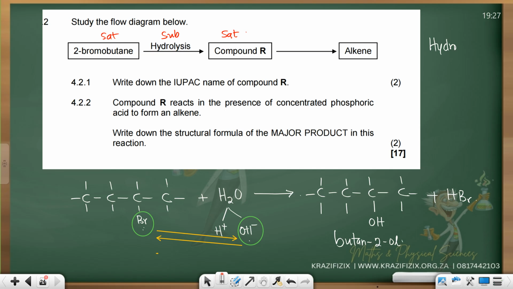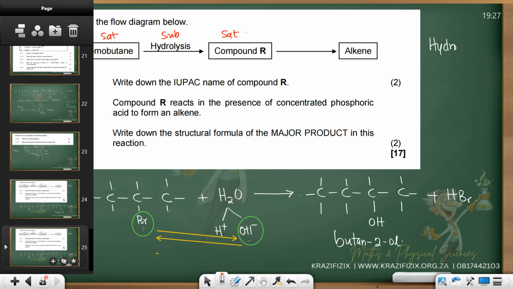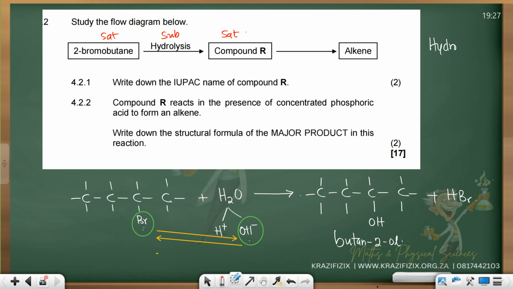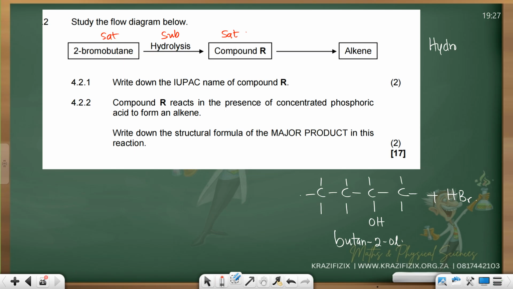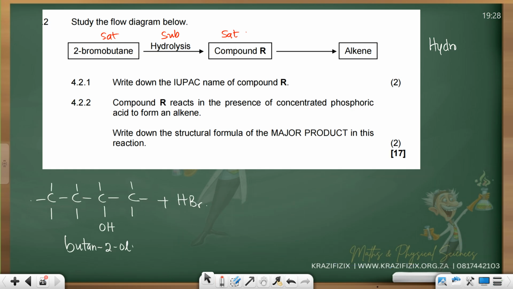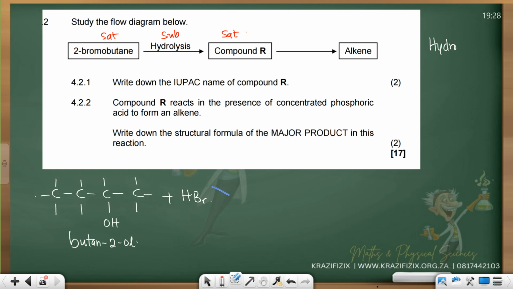All right. Guys, let's look at the last one, alkene. What can you tell me about this alkene? Is it saturated or unsaturated? If you can just learn to draw, you will enjoy chemistry.